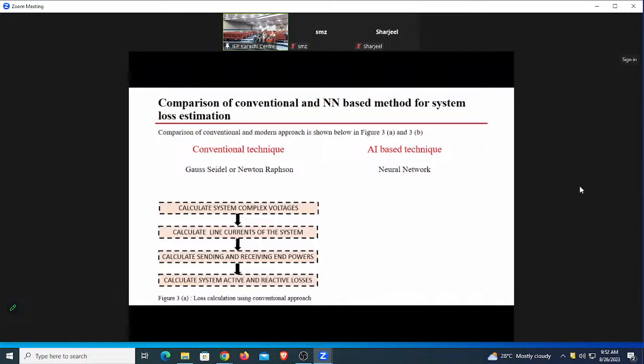So what I have tried to do is bridge this gap by inputting the loading values of the operating system and then directly predicting the losses. So all the computational time that was used in the conventional technique has been bypassed. You only have to train the network.